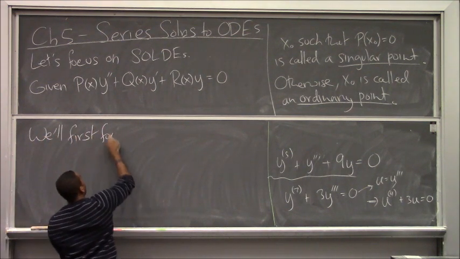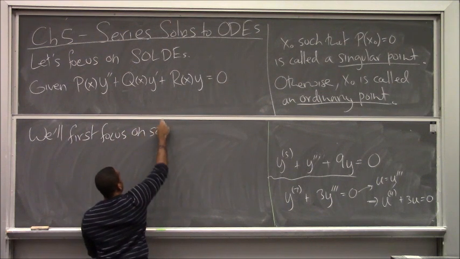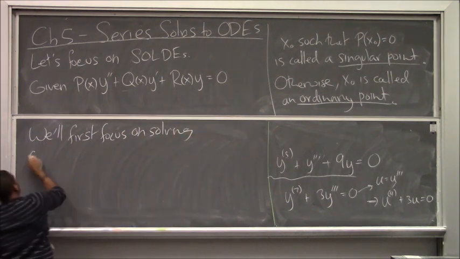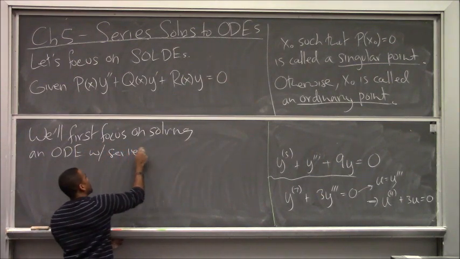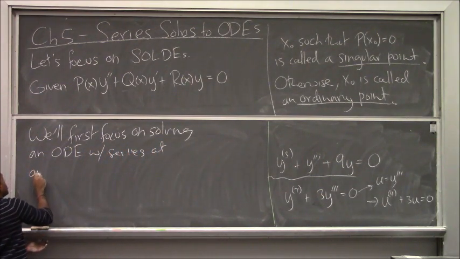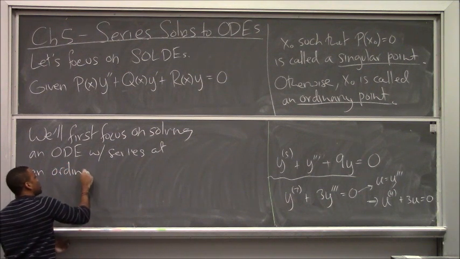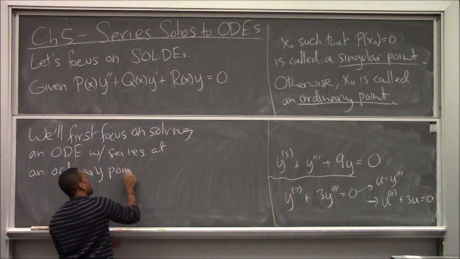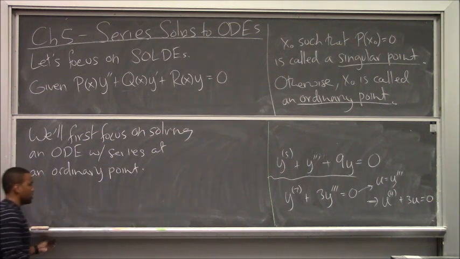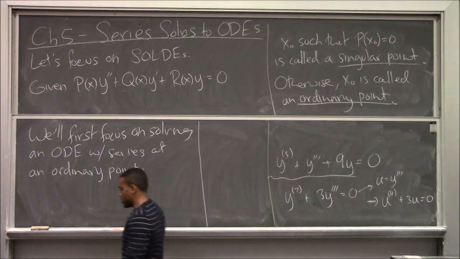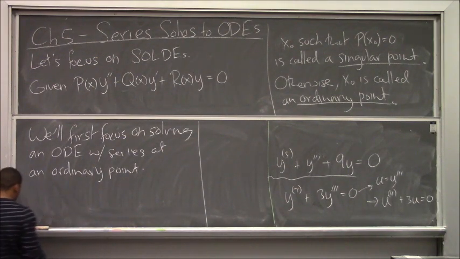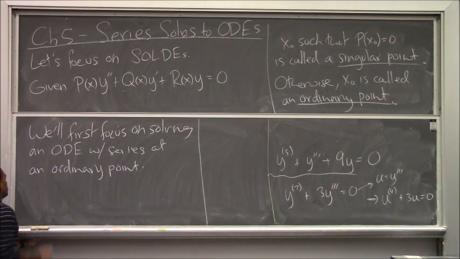First, focus on solving an ODE with series at an ordinary point. I will show you how you will deal with singular points later, but let's actually look at an ordinary point. Here is what we are going to do. The idea is the following.